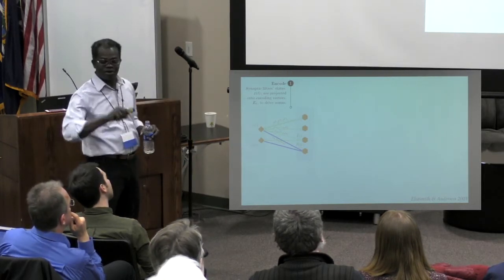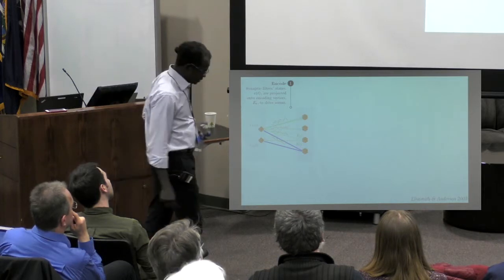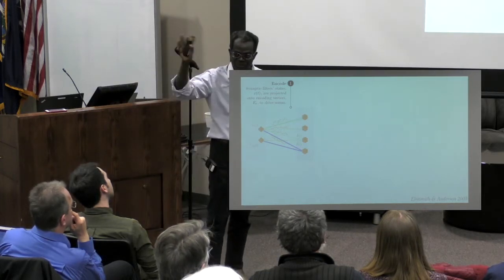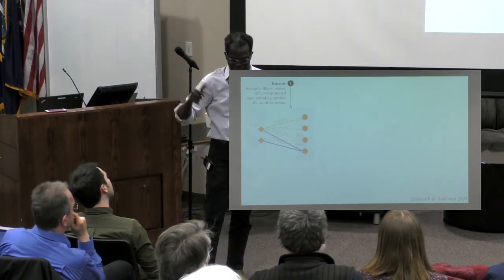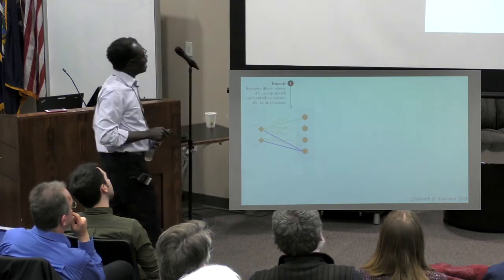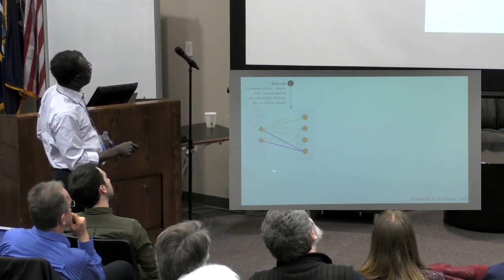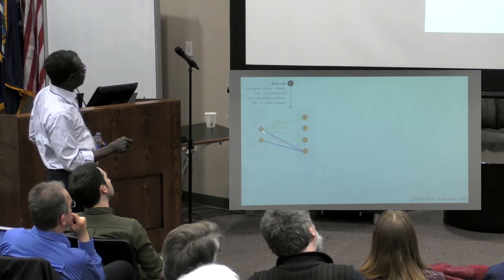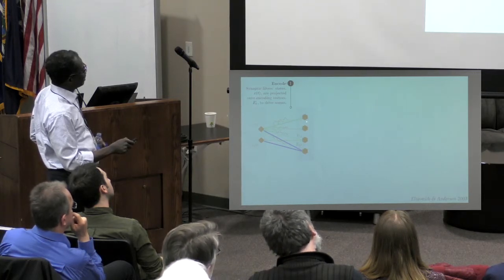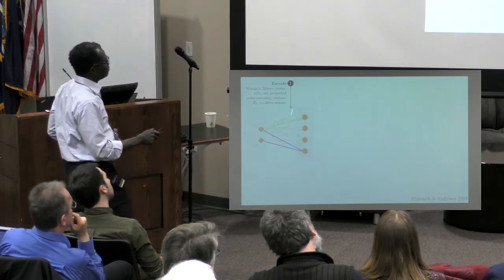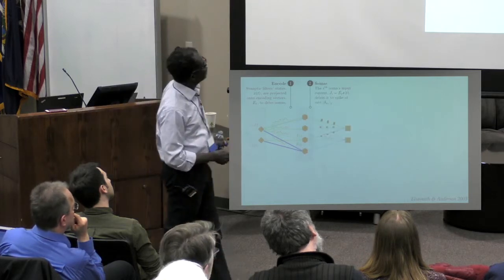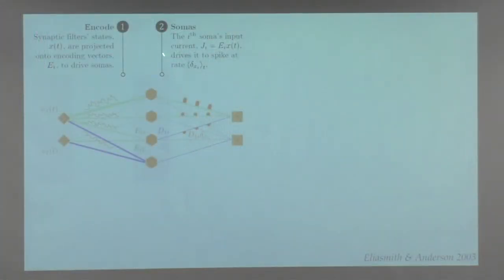If this little mote or this little IoT device is sitting there trying to predict what's happening in the world, it's very important that it can learn dynamics. And the way that happens in NEF is basically you do the encode. Like I said, these are the synaptic filters feeding currents into these neurons with some random mix of weights. And then the neurons spike, and then you weight them. You do the decode. So I'm just going back to your classic NEF.